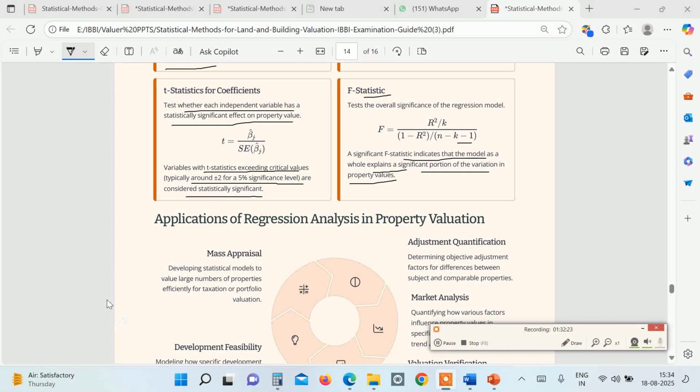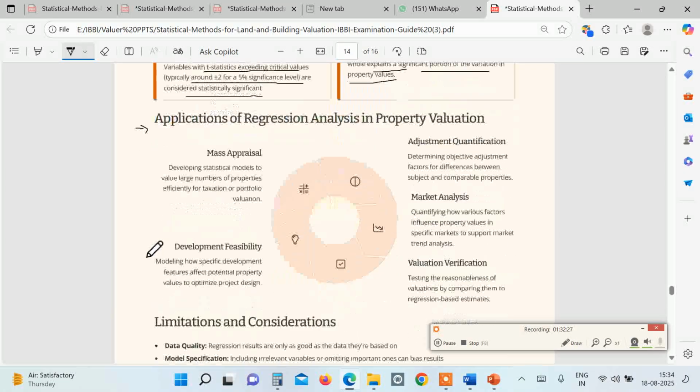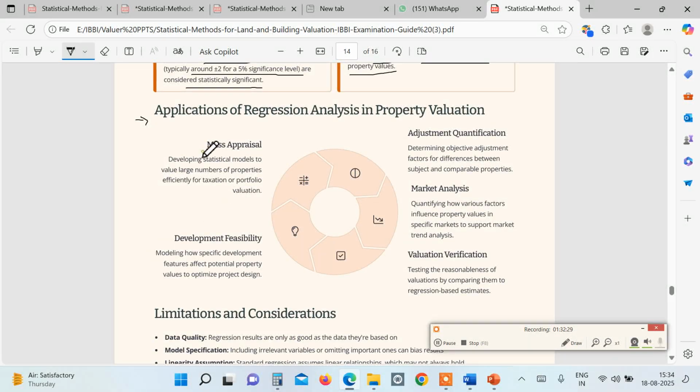Next is application of regression analysis in property valuation. First, it is used for mass appraisal, developing statistical models to value a large number of properties efficiently for taxation or portfolio valuation. Then you can use it for adjustment quantification, determining the objective adjustment factors for differences between subject and comparable properties.